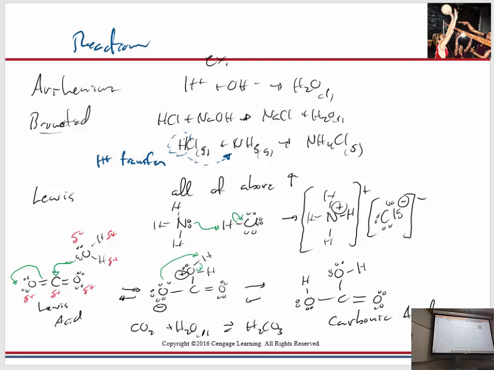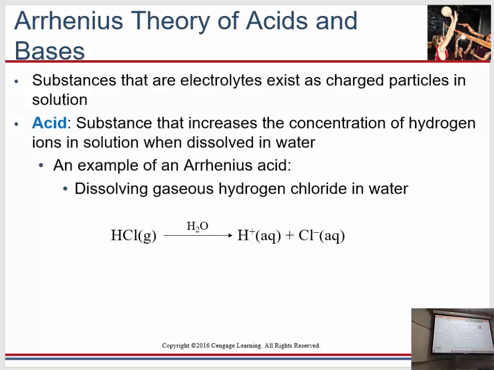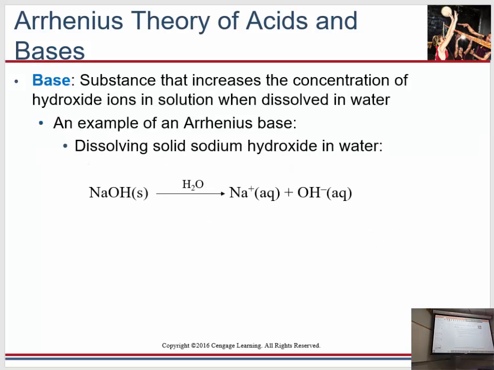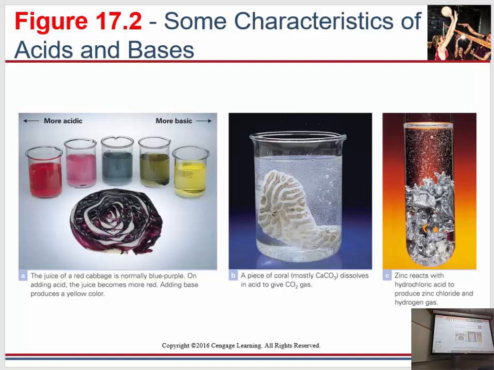All right, so let's take a look at some of these slides here. And so this Arrhenius H plus aqueous, Arrhenius acid, Arrhenius base, hydroxide. Acids, this is what we call an indicator. If you use red cabbage juice, the color depends on the pH, and pH describes some of the acidity.